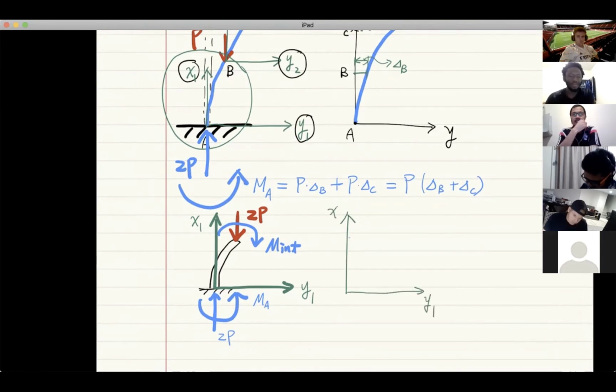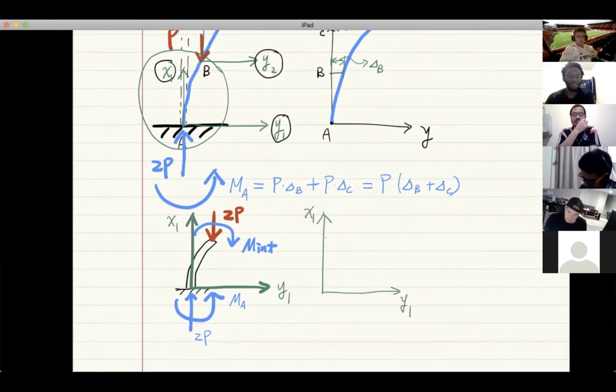Y1, x1. What is positive slope? Positive slope, of course, you know, is like this, right? This is positive. And what will be the positive curvature?